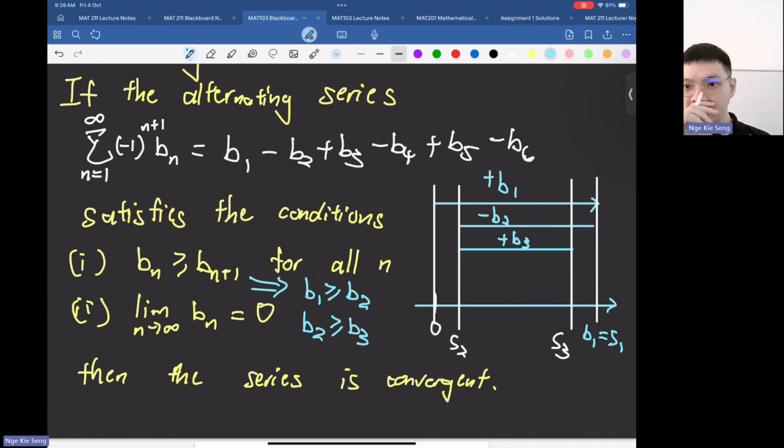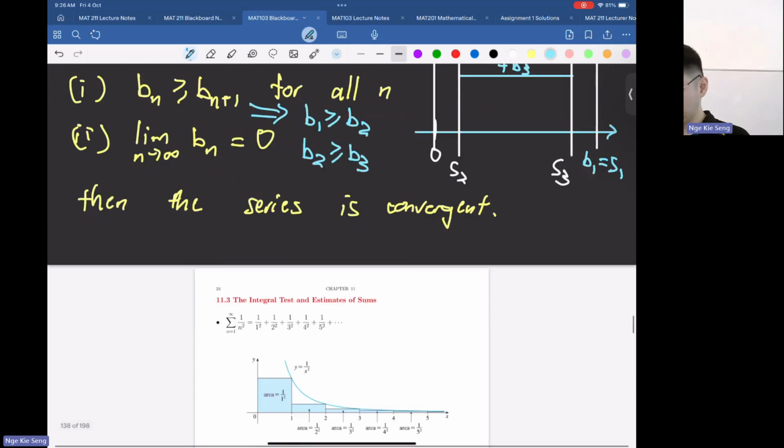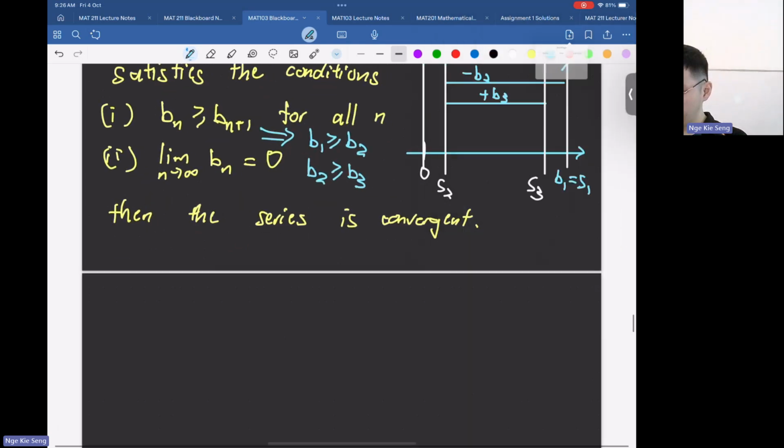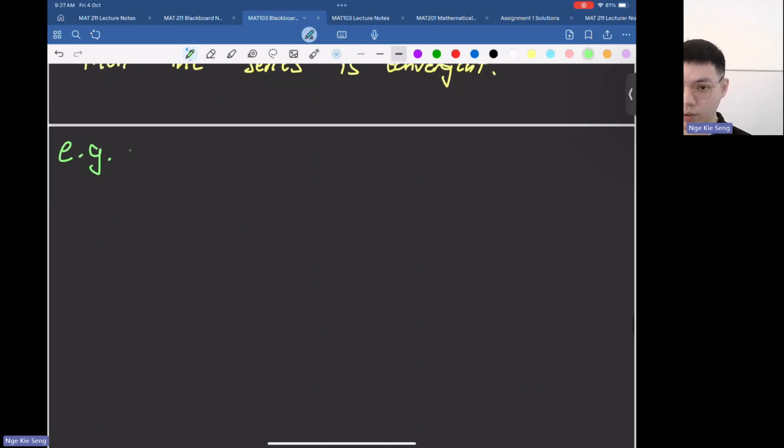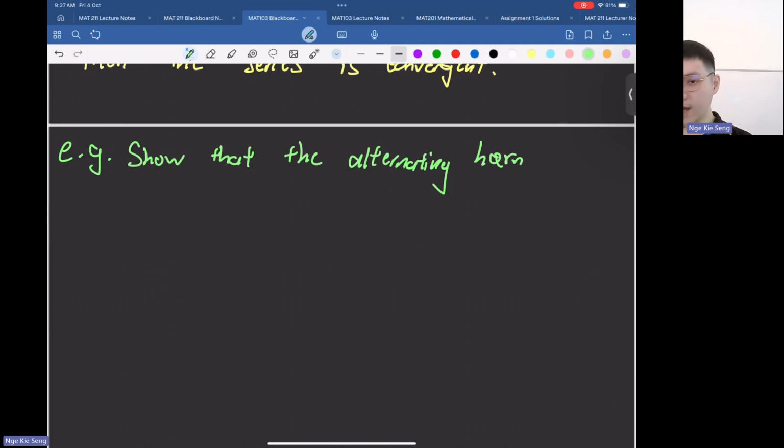So what should we do now? Let's try and use this. The next is a very important, classical example for this alternating series. We will show that the alternating harmonic series converges. We won't prove the test; you can prove it in your project.